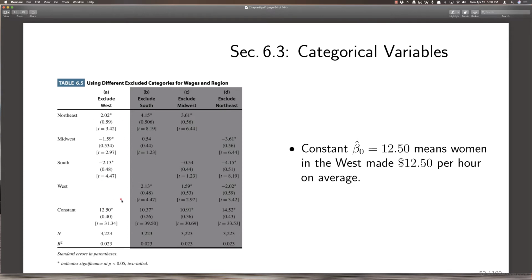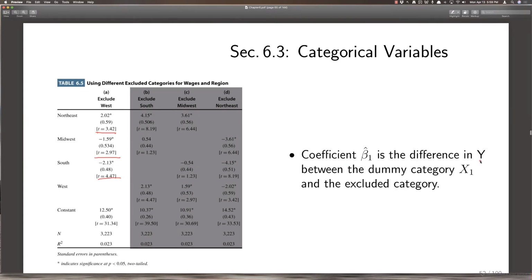How do I now interpret these betas, all right? Well, notice, first of all, they are all statistically significant, right? They're all bigger than 2. So what do these values of beta 1 hat, beta 2 hat, and beta 3 hat mean? All right. Well, beta 1 hat is the average difference in Y between the baseline category and this category.